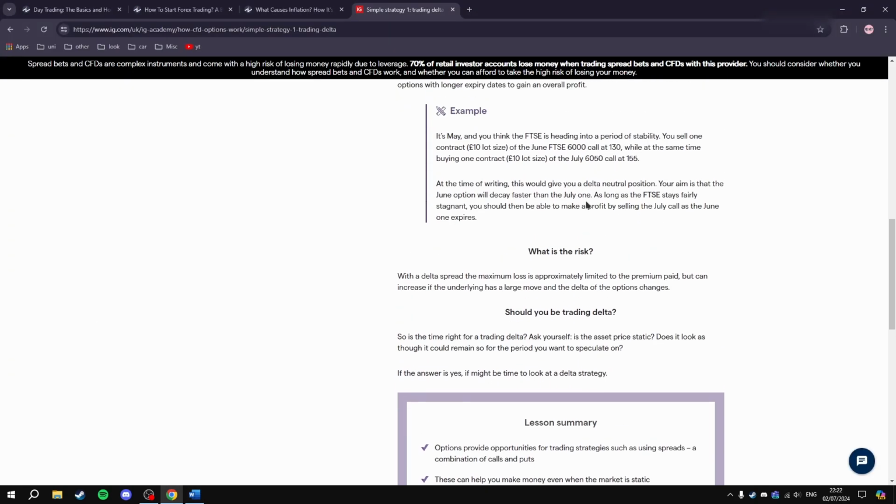The example, so yeah, I've got no idea what this example means.